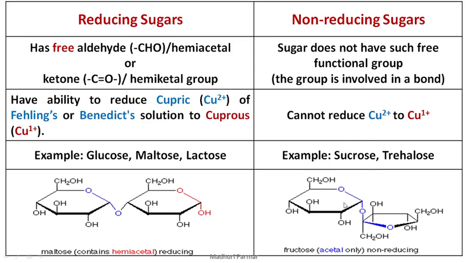Just see here, you have glucose plus fructose. This glucose and fructose are forming a bond between the hemiacetal and the hemiketal groups, which means no functional group is left free for reacting. So this is a very non-reactive, very stable, and non-reducing type of sugar, sucrose.